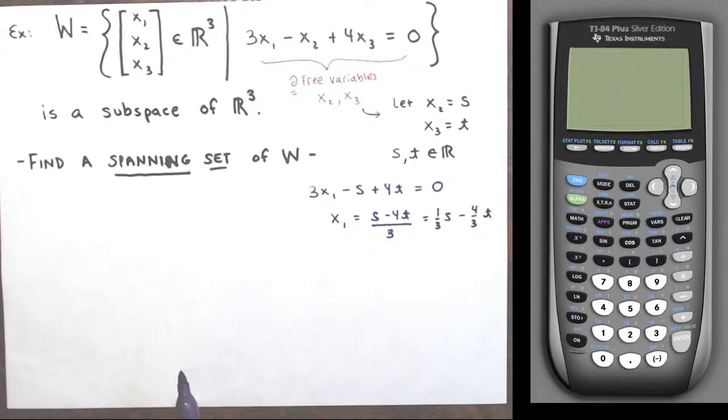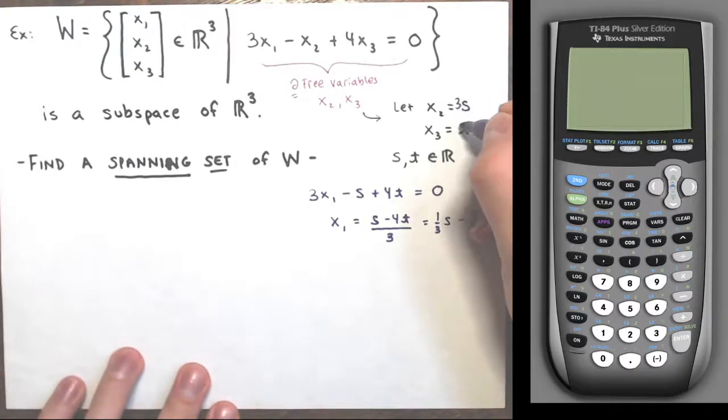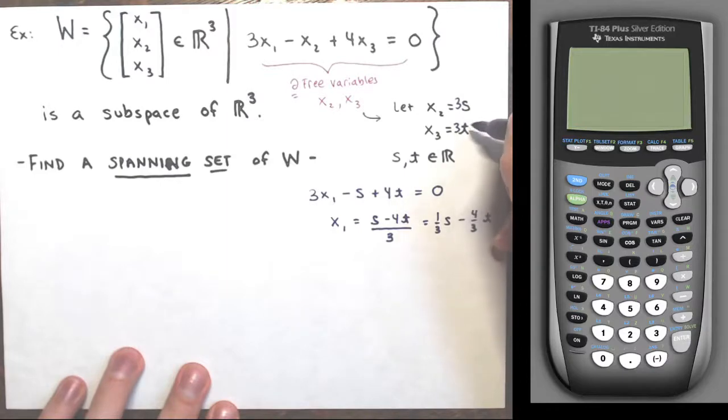I guess I could have called these something else. If I called that 3s and 3t instead, it would make this look a little cleaner. So why don't I do that? I can call this 3s instead and 3t. They'll still be any real number I wish, just pick different values of s and t.